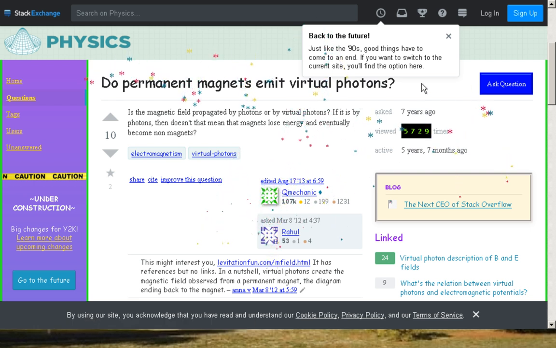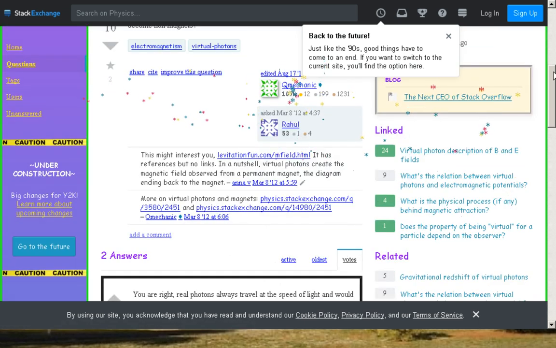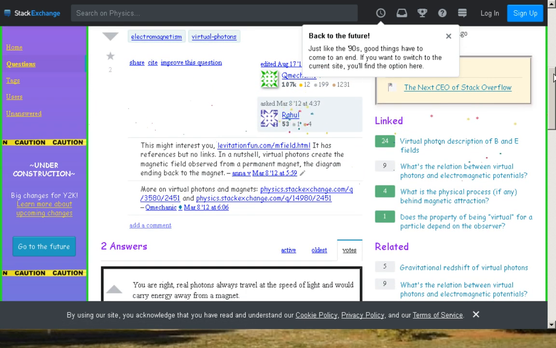Why do they put that stupid stuff on there? It has references but no links.